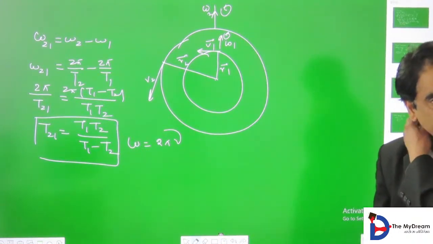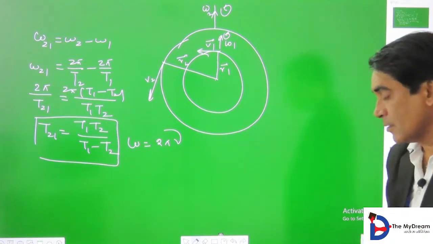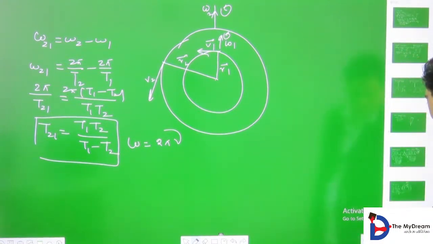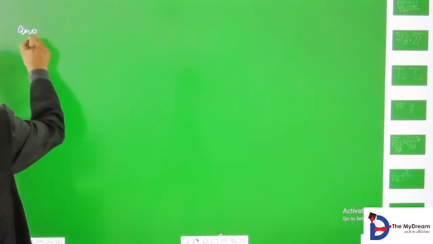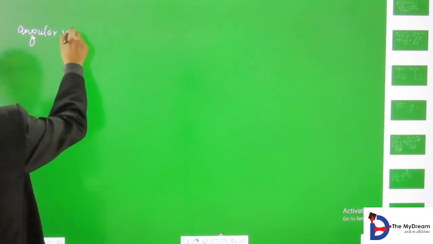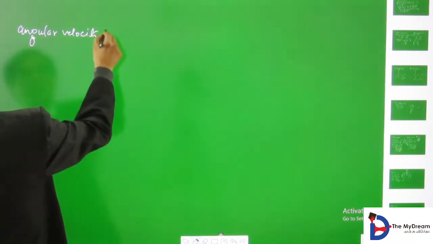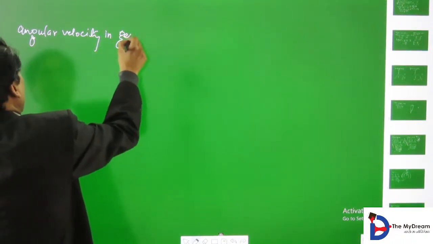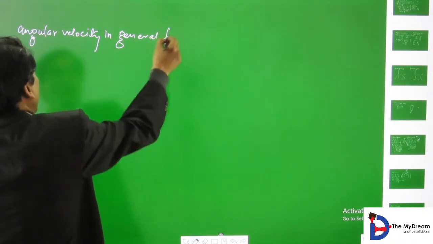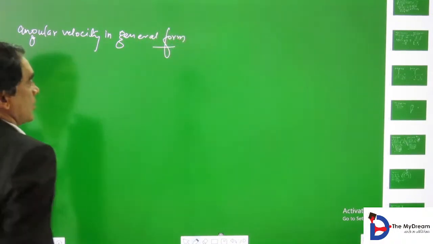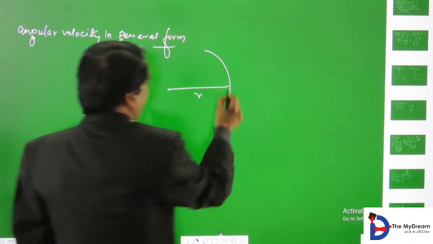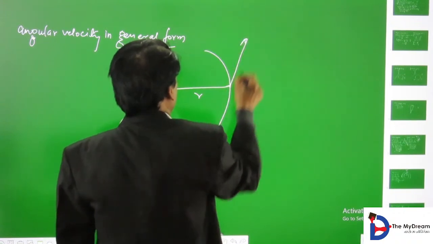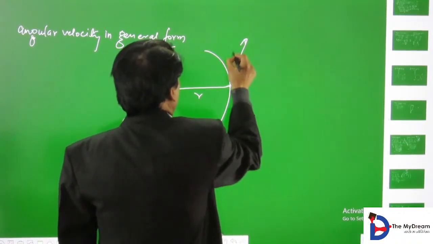angular velocity in general form. Now we want to discuss the angular velocity in general form. Suppose this is an arc, it makes an angle theta. Velocity.